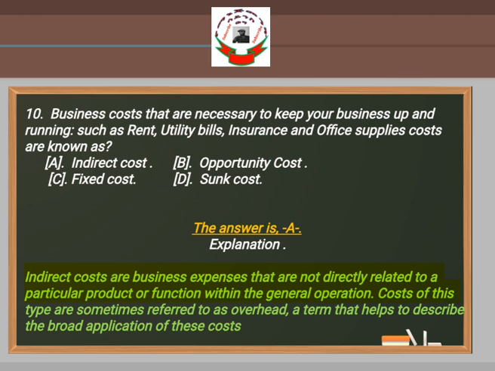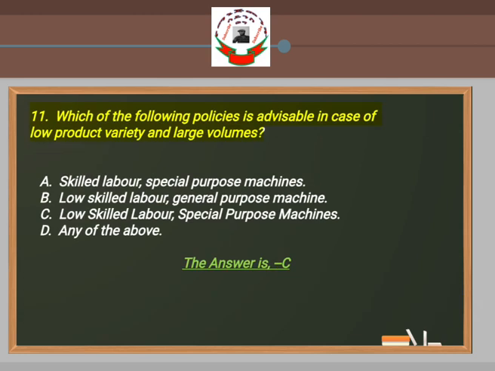Indirect costs are business expenses that are not directly related to a particular product or function within the general operation. Costs of this type are sometimes referred to as overhead, a term that helps to describe the broad application of these costs.